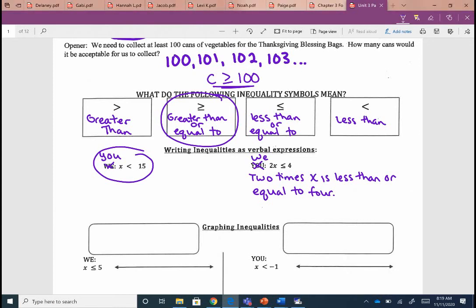So jot down what you think. You're going to want to start with x. What do you think? Try this one out. X is what? What's the symbol going to mean? That's all we're looking for. What does the symbol mean? Just getting used to those symbols a little bit.